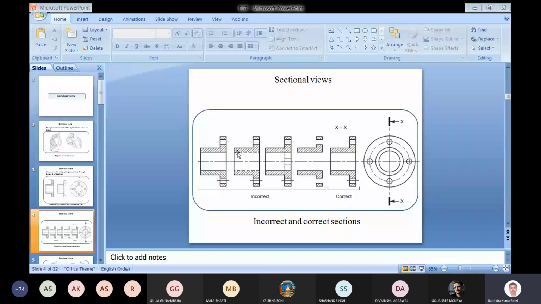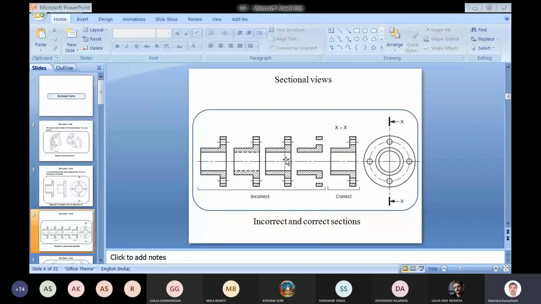And here in the third one, there are dashed lines drawn in the space which is shown, and here also. So one thing you have to keep in mind is that dashed lines should not be drawn when you draw the sectional view.